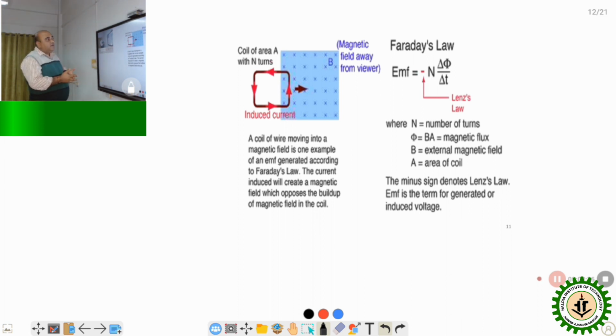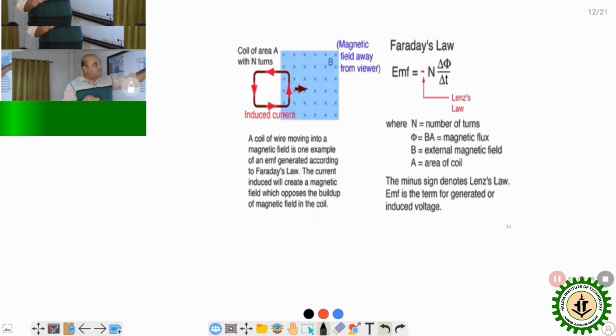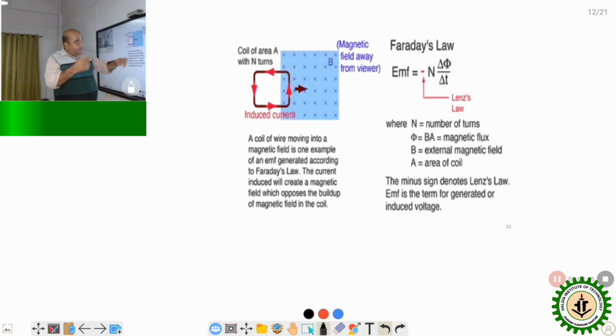The direction of this EMF is opposite to the cause that is producing it. This is according to Lenz's law. So the target is that if you are able to produce a changing magnetic flux, you are able to produce an EMF. This is what is meant by Faraday's law.